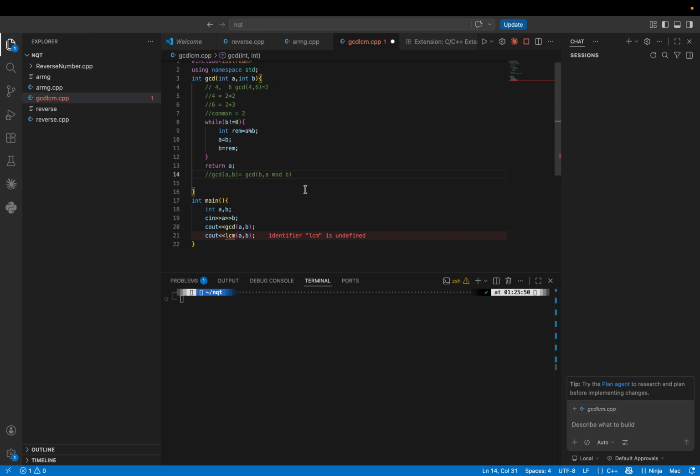It also has some time complexity, I guess O of log of whichever is smaller, A or B.